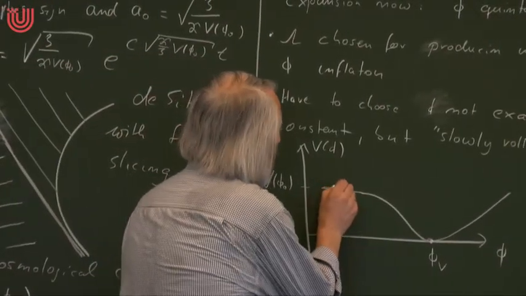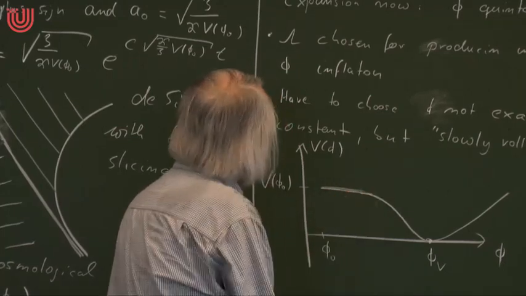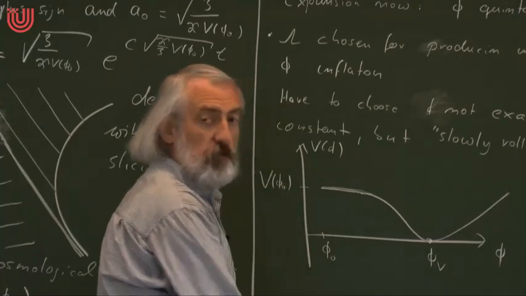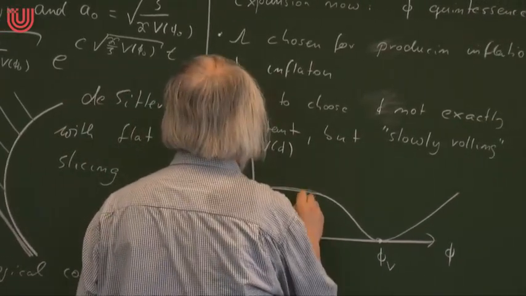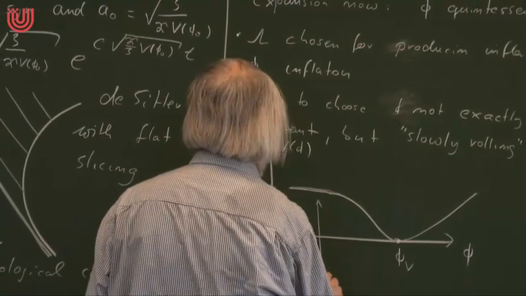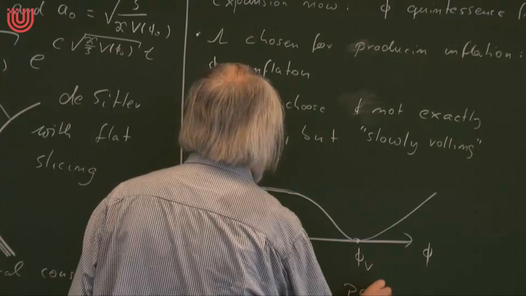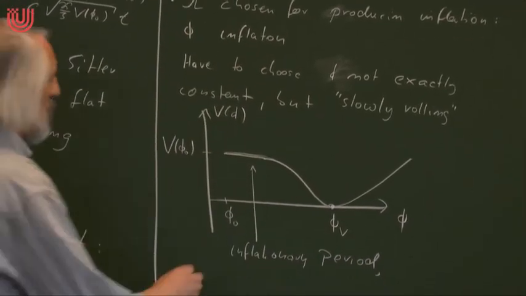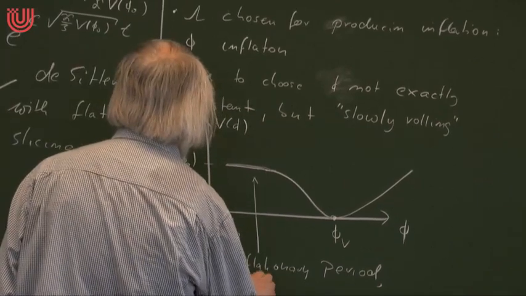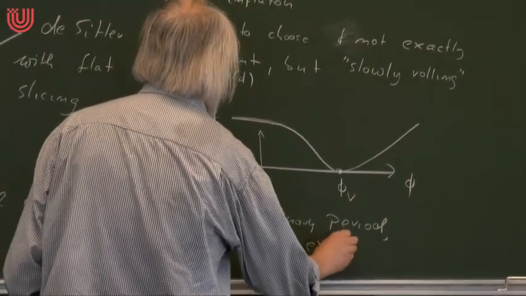So as long as the particle, or the field, is rolling down the slope, we have almost the situation which we were covering before. So here we have the inflationary period. It's not precisely exponential growth, but approximately exponential growth.